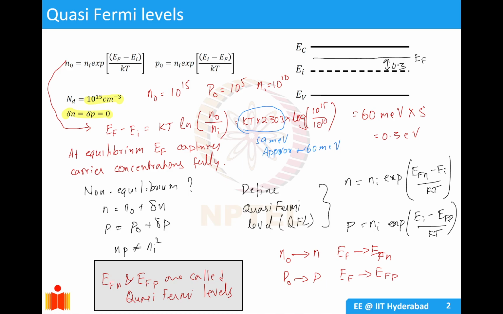These are called EFN and EFP, the quasi Fermi levels, one for electrons and one for holes. For electrons, n equals ni exponential of (EFN minus Ei) by kT, and for p, it is ni exponential of (Ei minus EFP) by kT. So as n0 goes to n, your EF goes to EFN. As p0 goes to p, your EF goes to EFP.